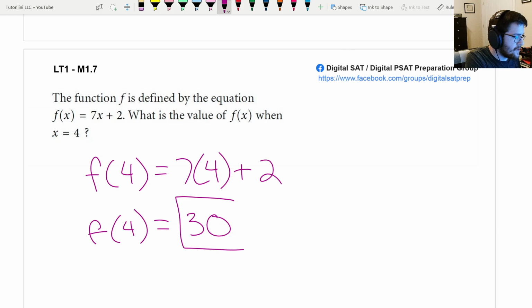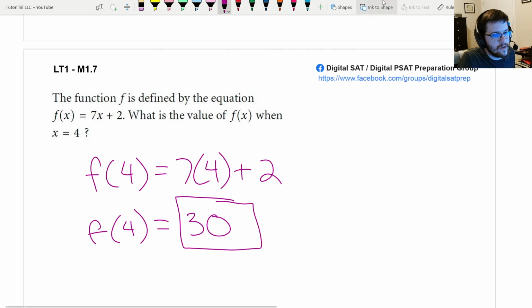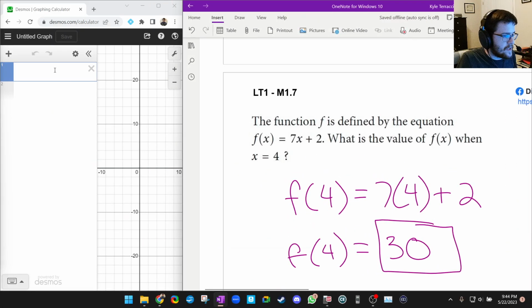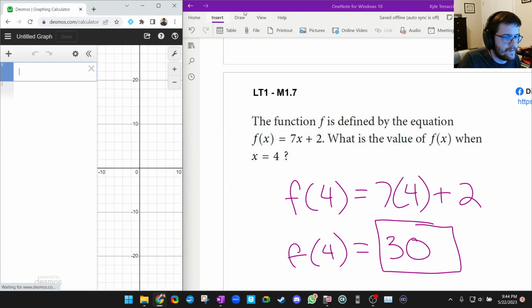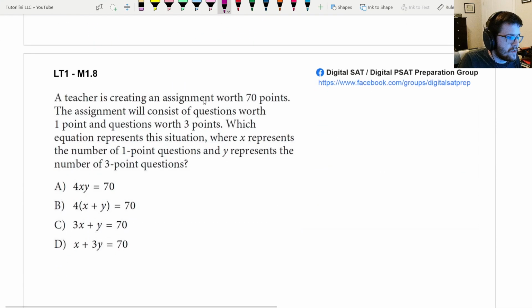So our answer is 30, which is correct. And I want to point out, I also went over this in one of my other videos. You could type in the equation and then put f of 4, and that will give you 30, which is what we had. All right, let's keep going.